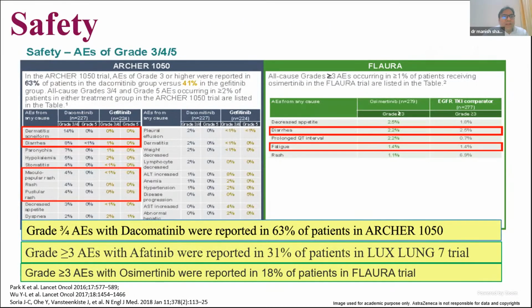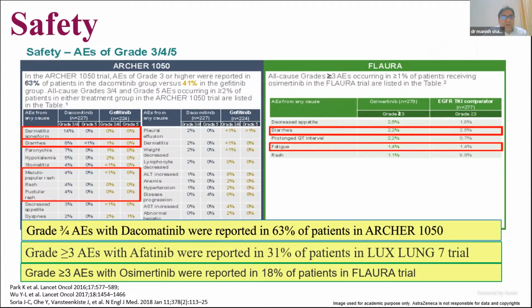Coming on to the safety, which is also very important for selecting our patients for treatment. Grade 3 or 4 adverse events with dacomitinib were reported to be around 63% in ARCHER 1050, while 31% in the Lux-Lung 7 trial, and grade 3 or 4 events with osimertinib were reported in just 18% of the patients in the FLAURA trial.